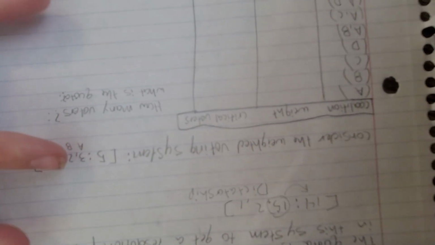So here's an example of doing a weighted voting system when we're talking about critical voters. So obviously when you vote in an election, you'll have a certain amount of votes, and some people are considered critical voters because without their vote, that person wouldn't have won.